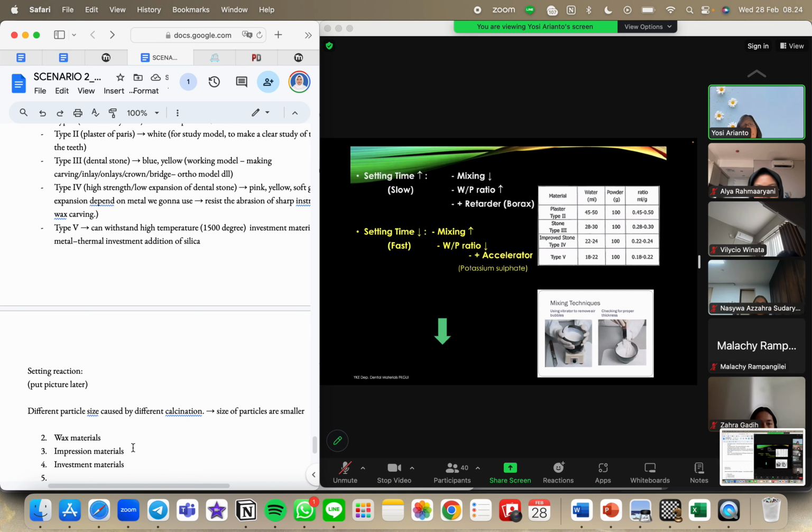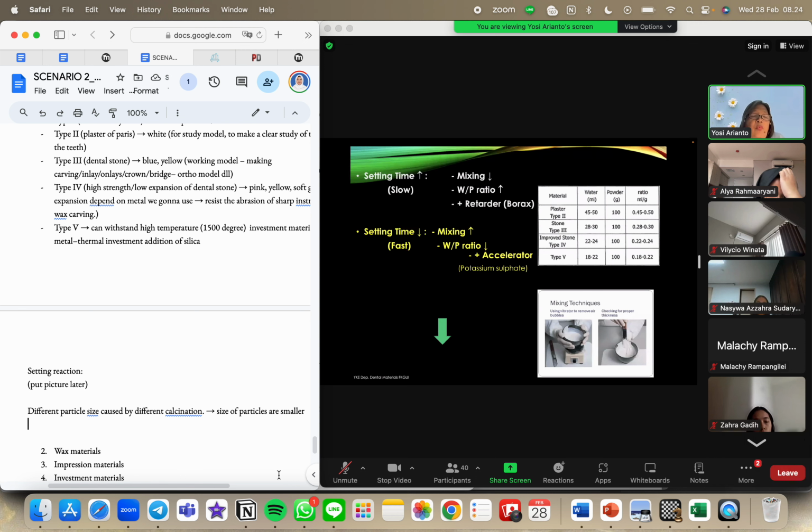For the setting time of the gypsum, if we need a slower setting time, where the setting time is higher, then you do the mixing not too long, the water powder ratio is higher, and we can also add some retarder.